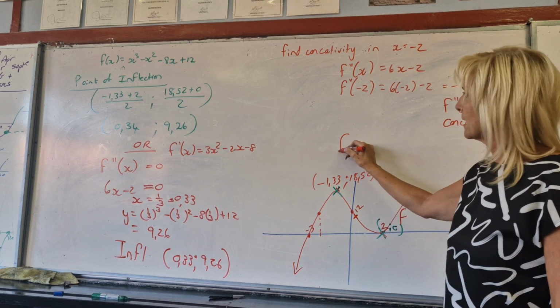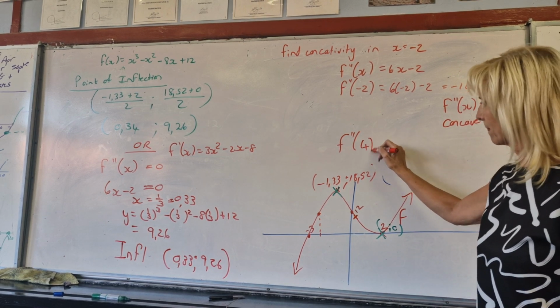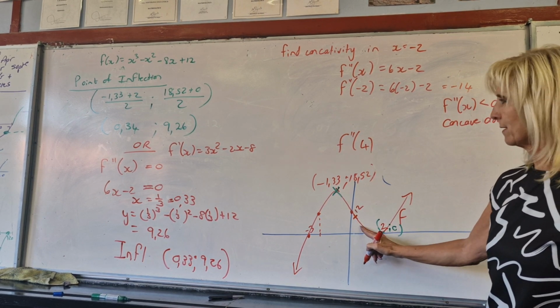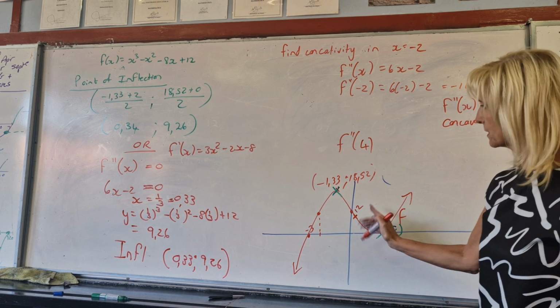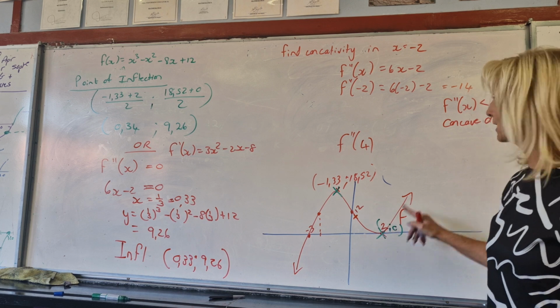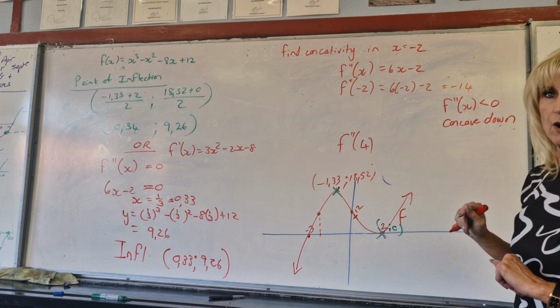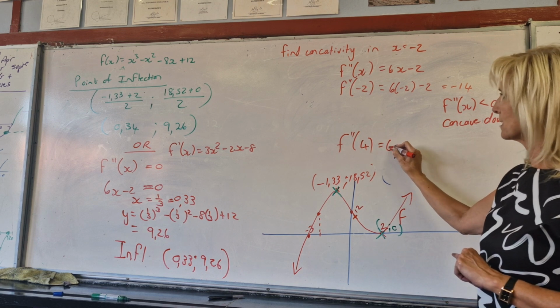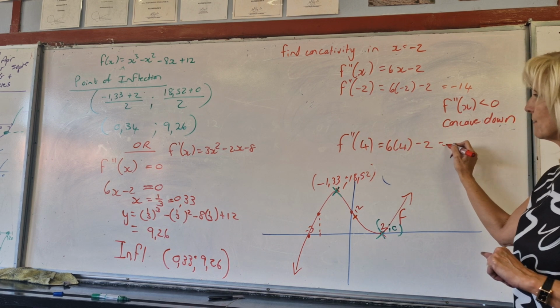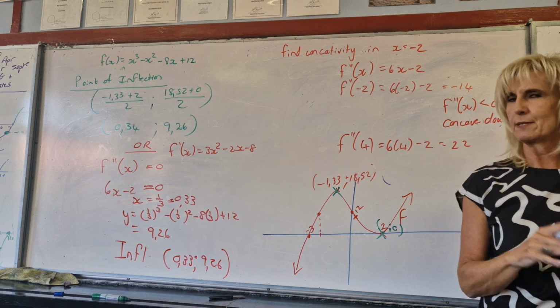And if I chose any other one, say for instance, let's choose 4 over here, or 1, or whatever, just after the point of inflection, anything here will give me a positive because it's keeping the water. So let's look at this one. 6 times 4 minus 2 giving me 22. The fact that it's 22 means nothing.